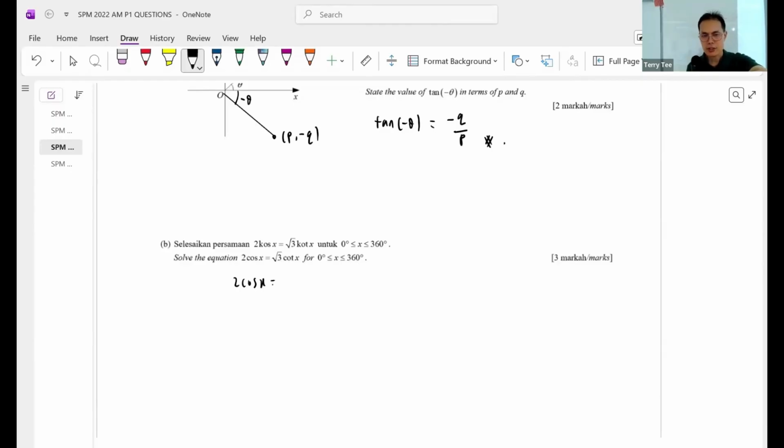Cot x. Okay. What is cotangent? Cotangent is cos over sine. I'm going to multiply my sine up. So 2 cos x sine x equals sqrt 3 cos x. Bring over to the left. 2 cos x sine x minus sqrt 3 cos x equals 0.